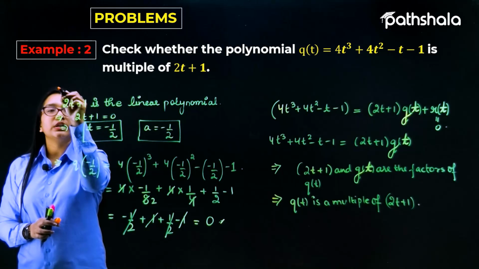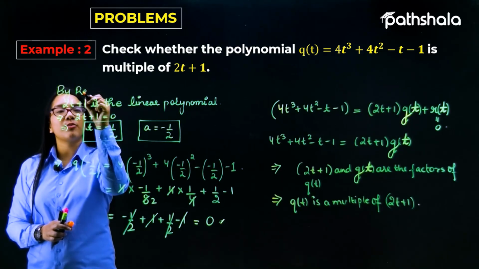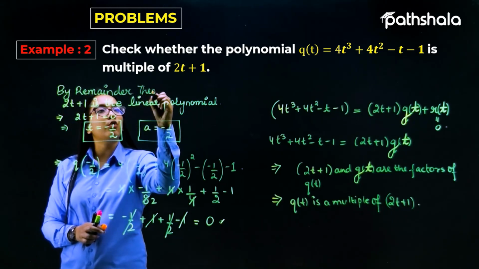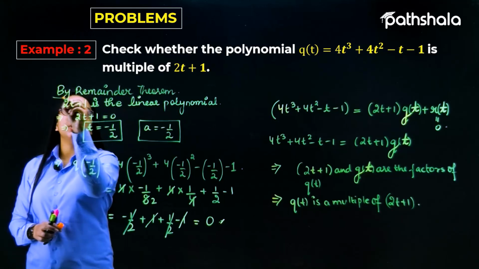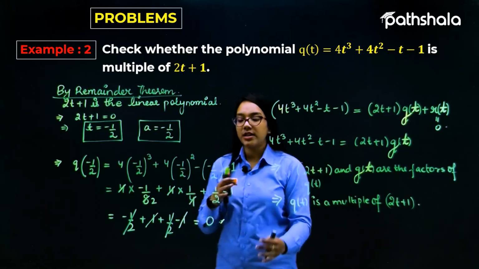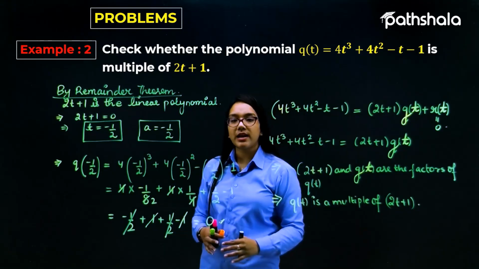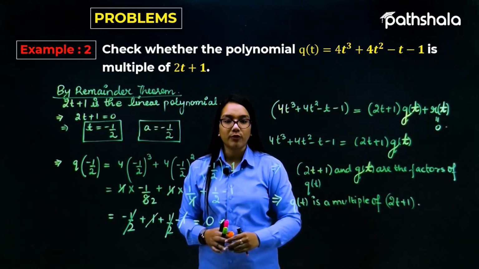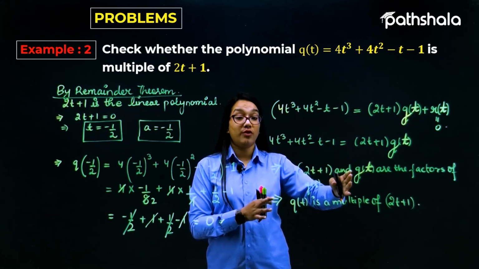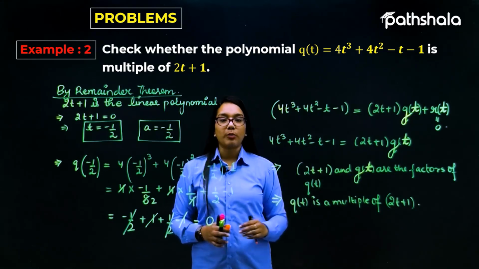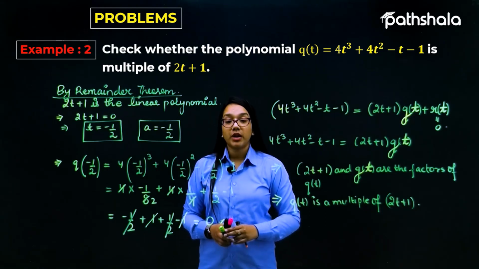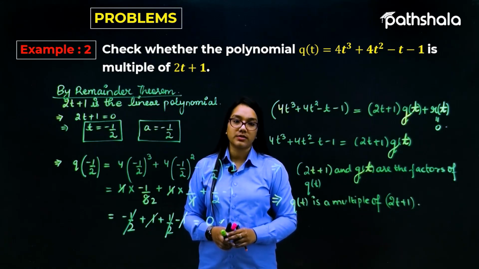By the remainder theorem, we have proved this result: if the remainder of dividing these two polynomials comes out to be 0, then it definitely means that this particular polynomial is a multiple of 2t plus 1, or else that 2t plus 1 and some g of t exist, which are the factors of this polynomial q of t. So this is all about using the remainder theorem in order to solve such types of questions.